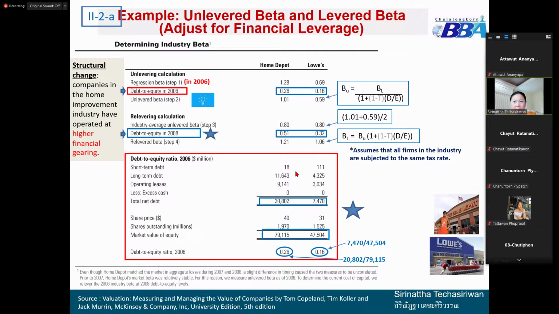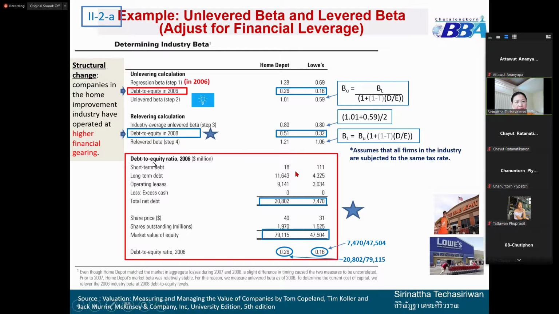Normally, if the risk doesn't change, the market value will be very close to book value. So in many cases analysts sometimes use the book value, but theoretically you should use the market value.